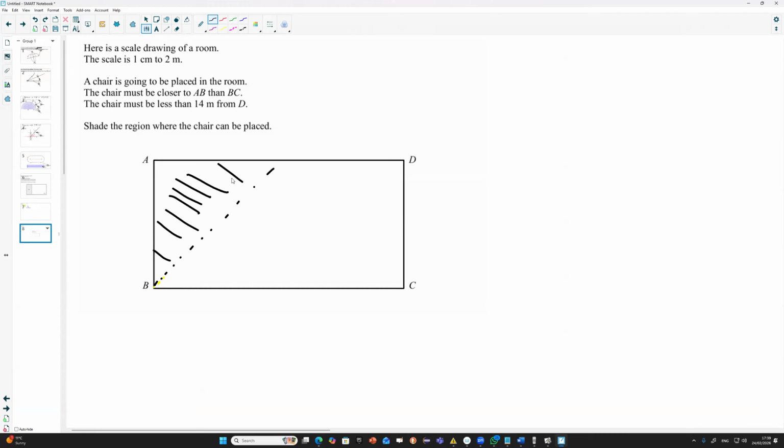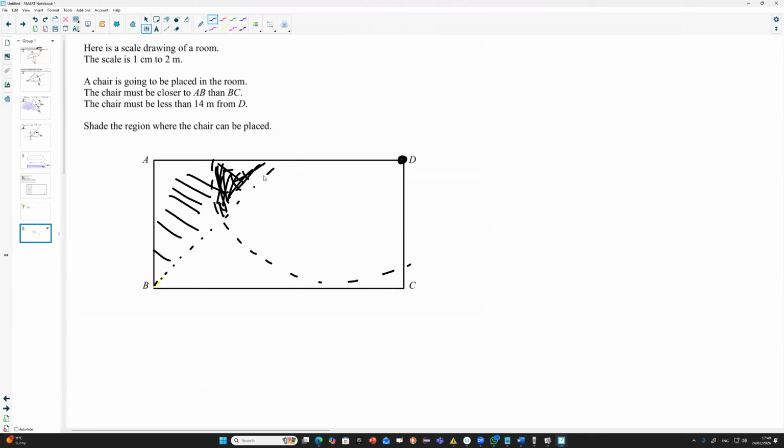And then it needs to be less than 14 meters from D. So if D is there, if I imagine this is the circle, actually that would be impossible. So it must be like that, and then it would be in this bit. Does that sort of make sense there? Obviously, I haven't actually drawn it accurately yet.